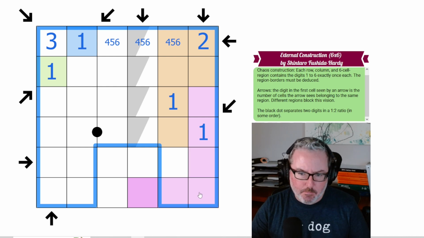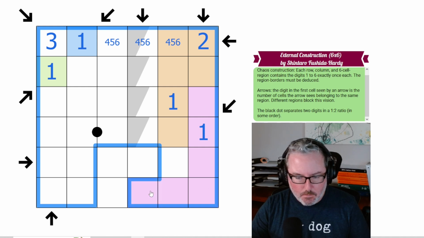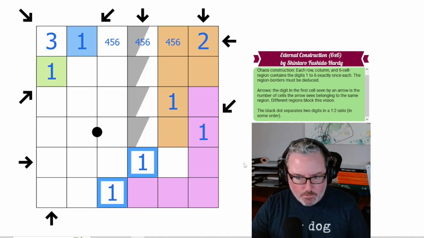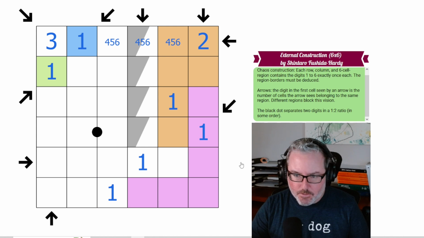Oh, actually, that does even better for us, because we can't repeat a 1 in a region. We already have a 1 in our purple region, so those can't be 1. So we have to put 2 1s in these 3 cells without them conflicting with each other. So therefore, they must both be 1s. And that finishes all of our 1s, which is kind of unusual that that occurred.